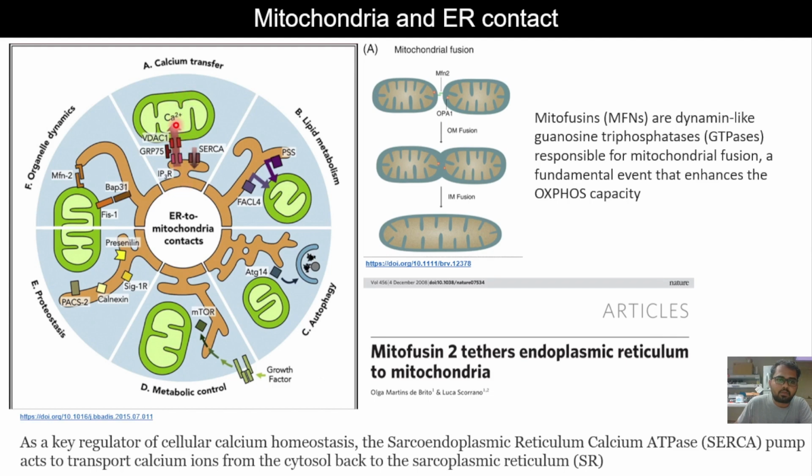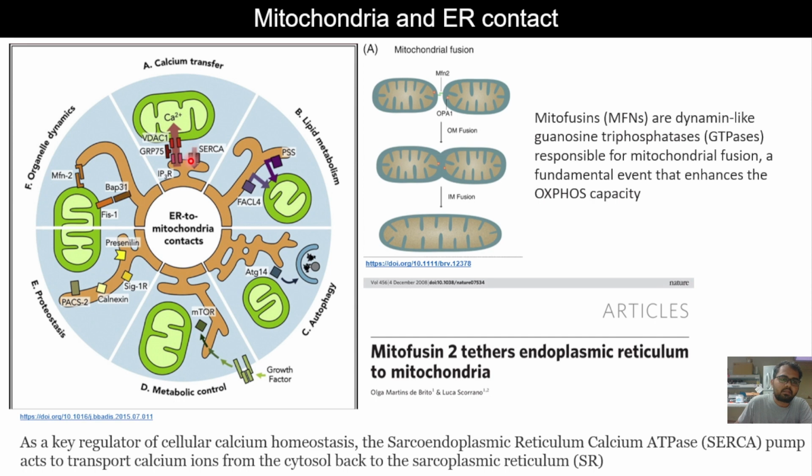They facilitate the transport of calcium from ER to mitochondria. Similarly, the protein you can see here, SERCA1, these transporters are especially involved in the transport of calcium from the cytoplasm to the ER, which is a known function for those transporters.